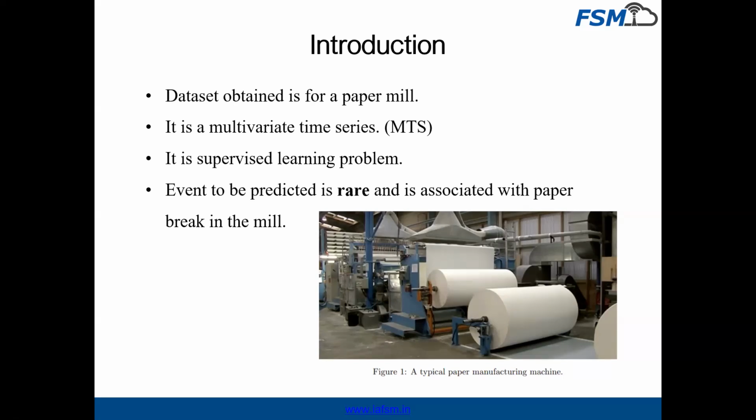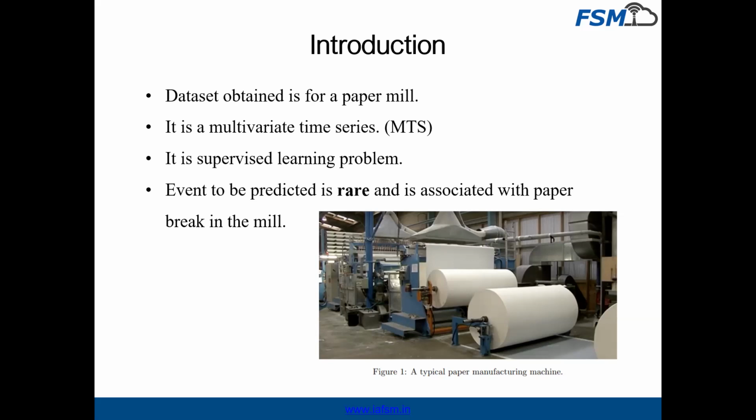The problem arises when the tension in the paper increases due to unknown factors and there is a tear in the paper. That results in wastage of material and an incomplete roll, and maintenance also needs to be done on the machine. So you can say that the machine is not operating in the required parameters.